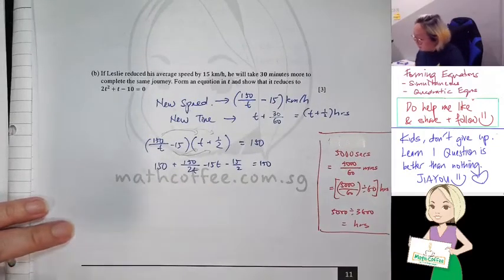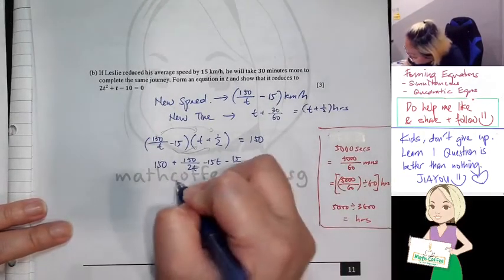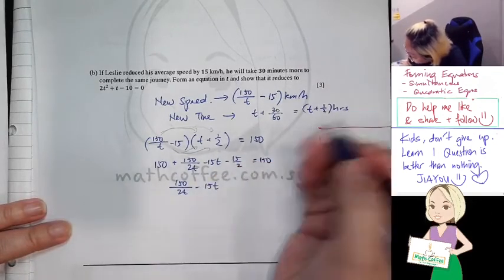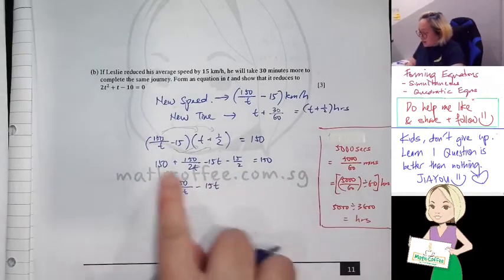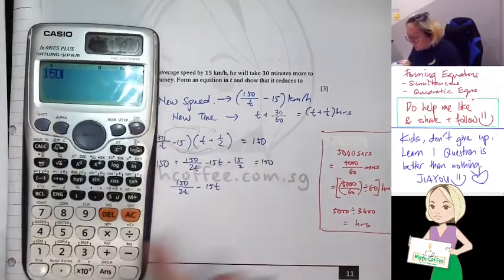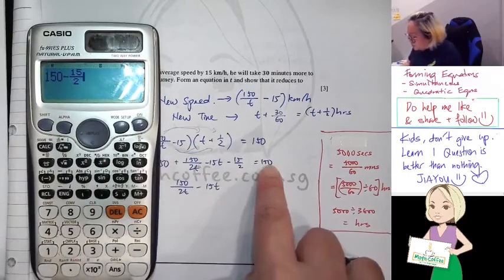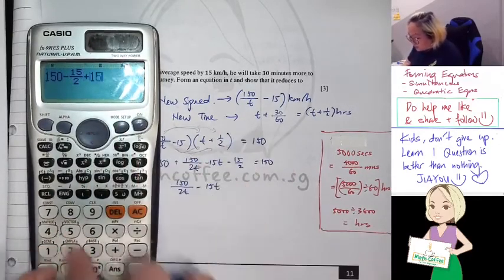Okay, let's simplify it a bit. I'm going to put 150 over 2t minus 15t. See the numbers? I have 150, I have minus 15 over 2, and this 150 brought over becomes minus 150.